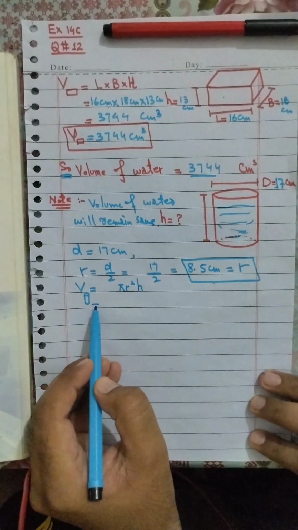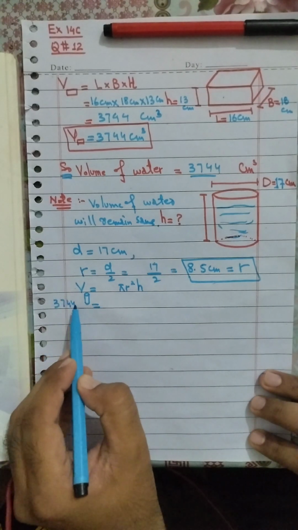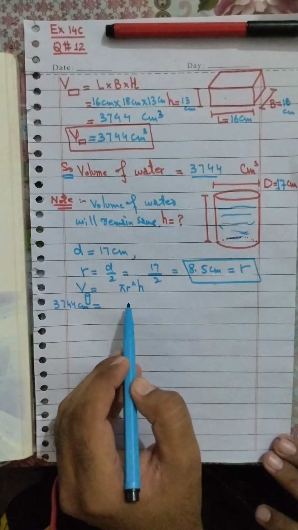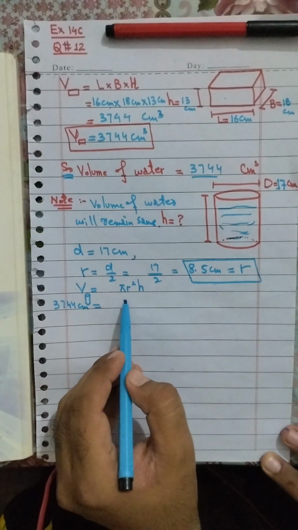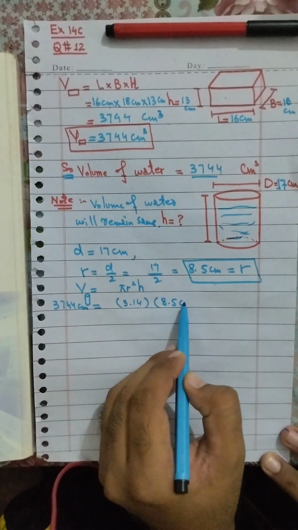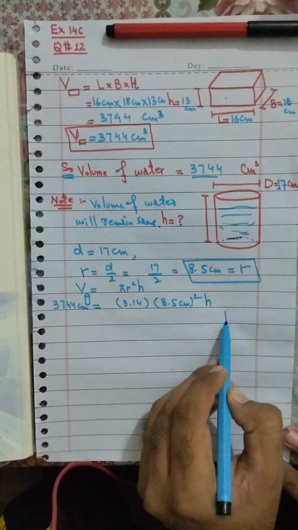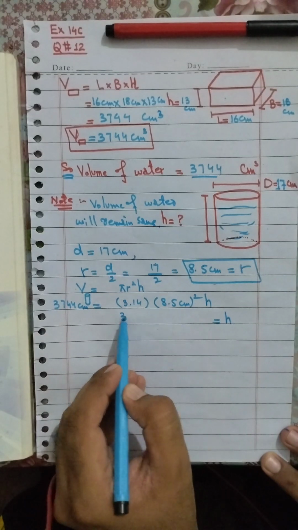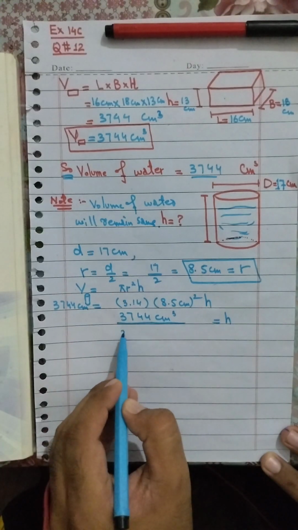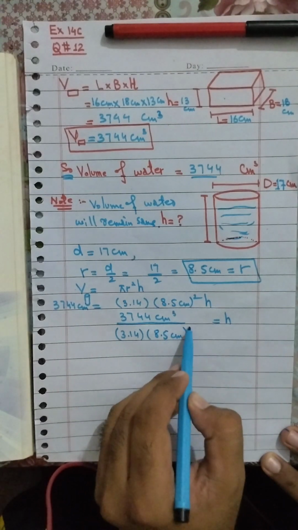Okay, the volume's value is given to us, so we will write it here. Pi's value is 3.14, r's value is 8.5 centimeter square, and h remains as it is. As they want to know h, h will remain here, and it becomes 3744 centimeter cubed over 3.14 multiplied by 8.5 centimeter square.